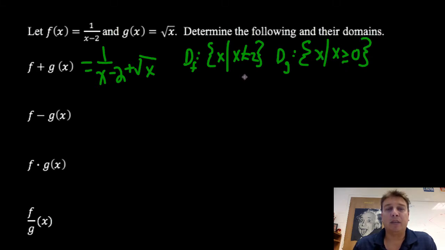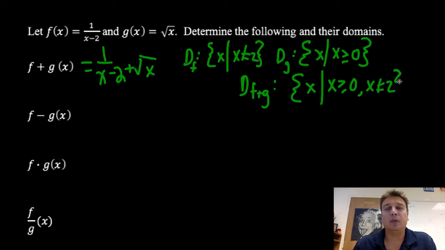So when we look at the domain of f plus g, we end up with the set of all x such that x is greater than or equal to 0, but x cannot be 2. That's in set builder notation. Now if I want to write that in interval notation, I come back here.